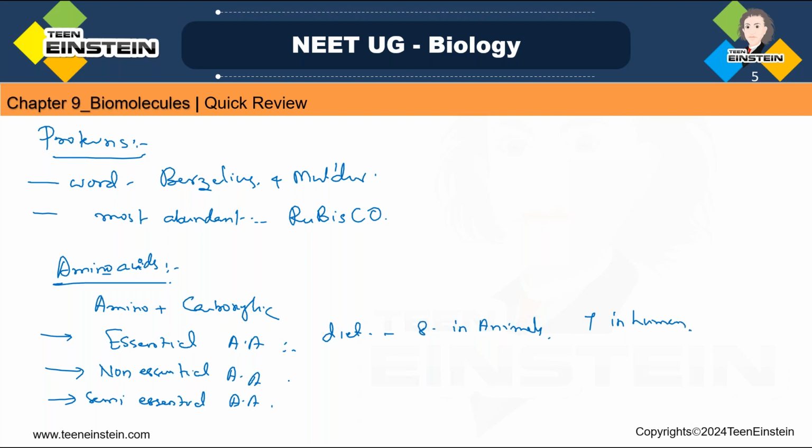Next come the non-essential amino acids. These can be synthesized by an organism and are not required as a dietary component. There are 10 non-essential amino acids.